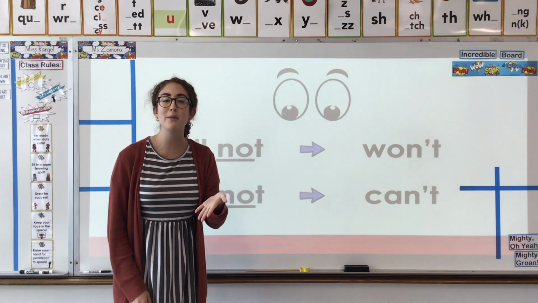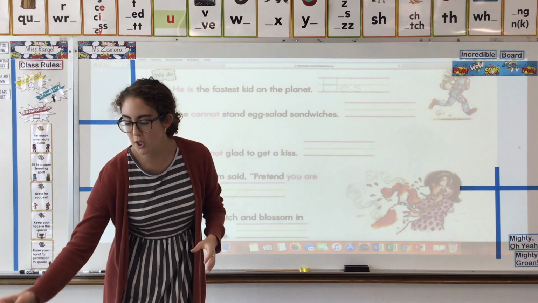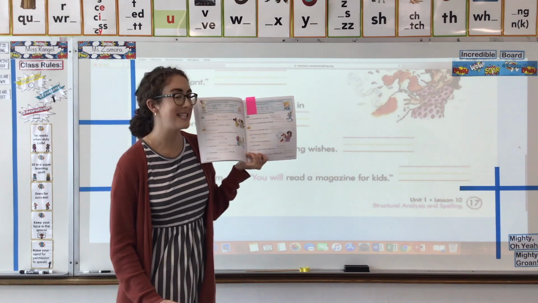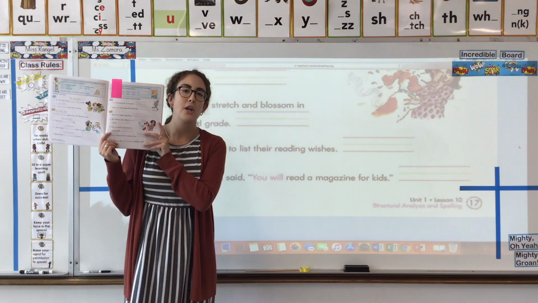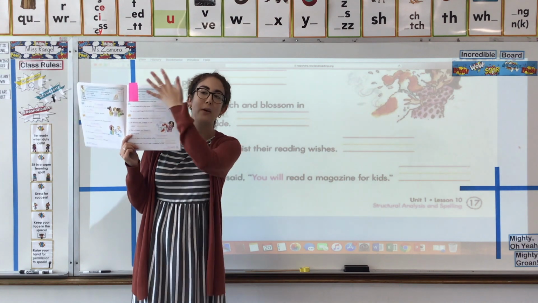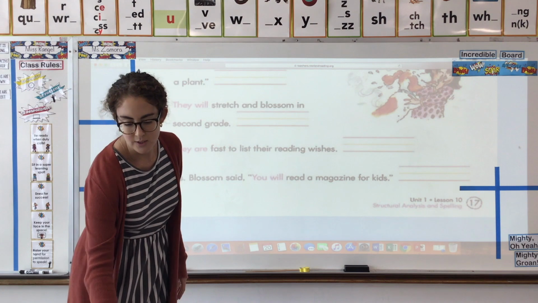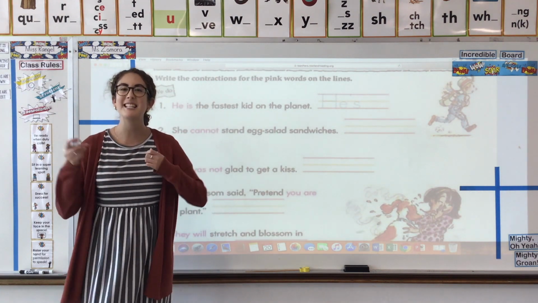So this is when you are going to get out your Super Kids workbook. So you are going to find page, this is page 17. You're going to get this page out and we're going to work on it right now together. So everyone has page 17 out.